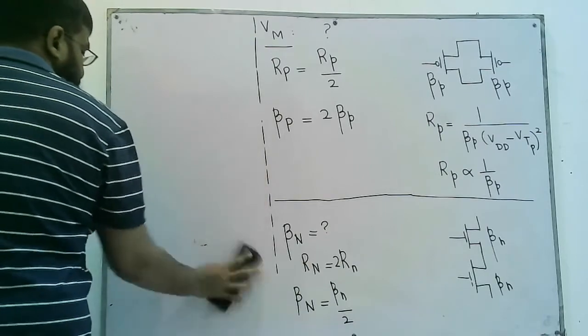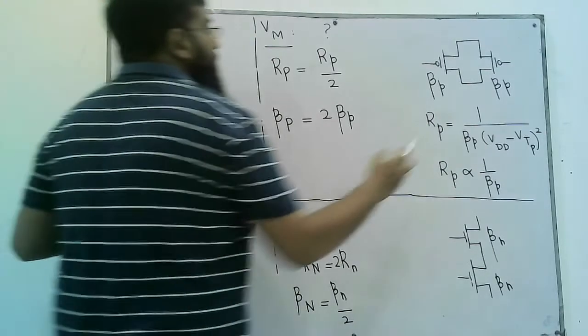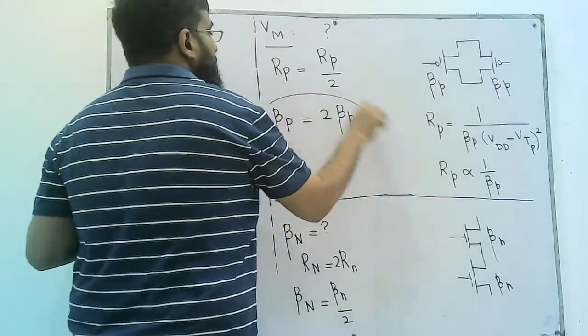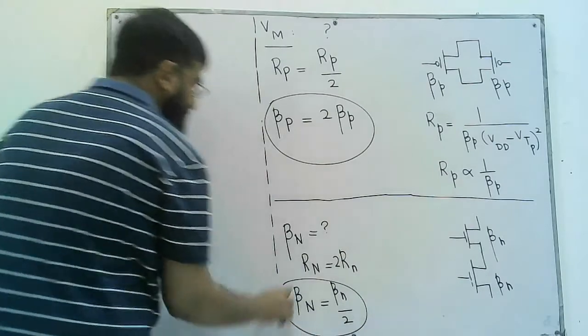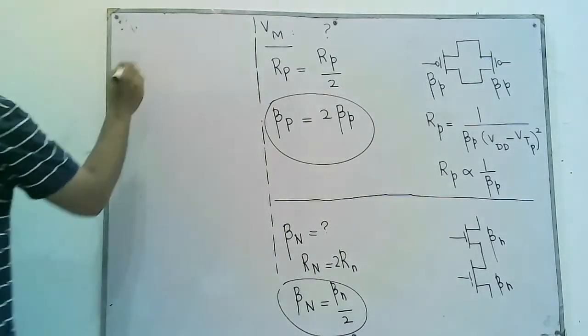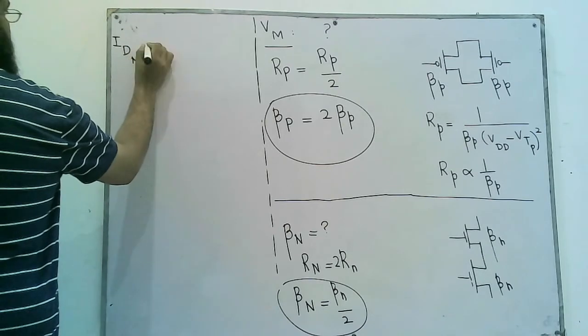We have also studied expressions for finding ID. If we assume this to be one transistor having this beta p, and this combination to be one transistor having this beta n, we can write the expressions IDN and IDP like this.